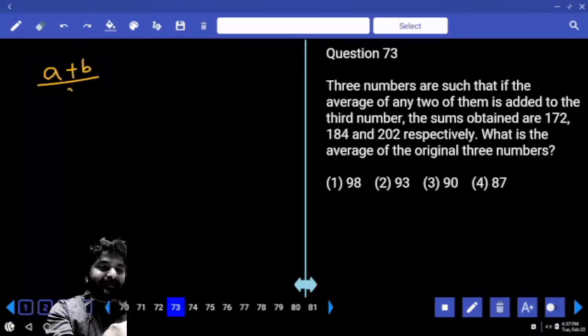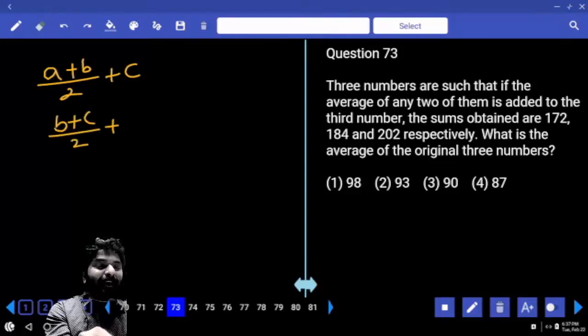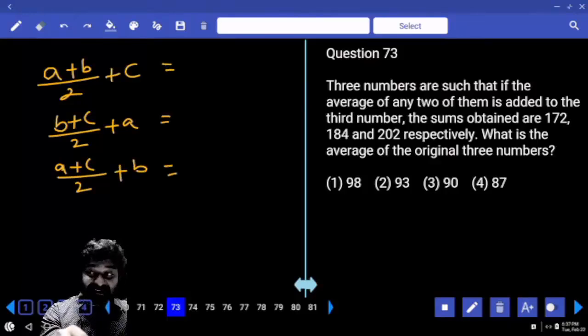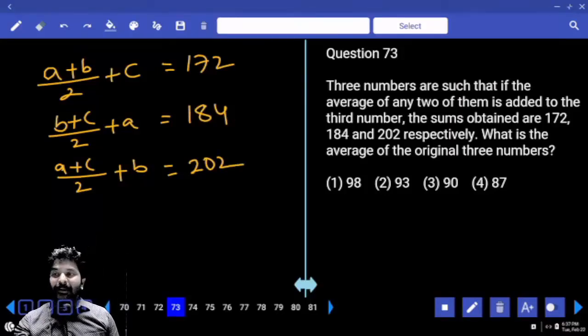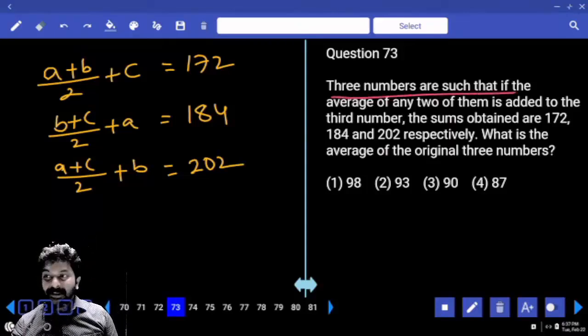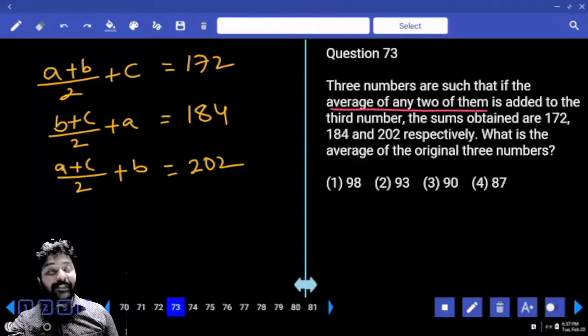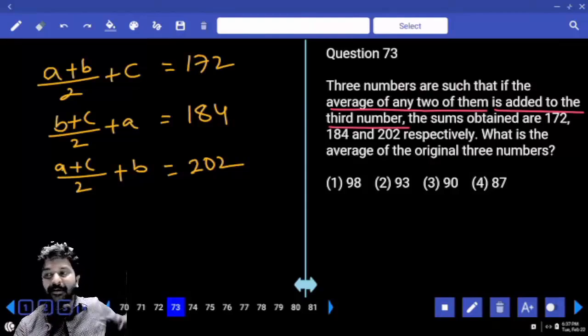Average of the first 2 numbers added to the third number, average of the second and third numbers added to the first number, average of the first and third numbers added to the second number.